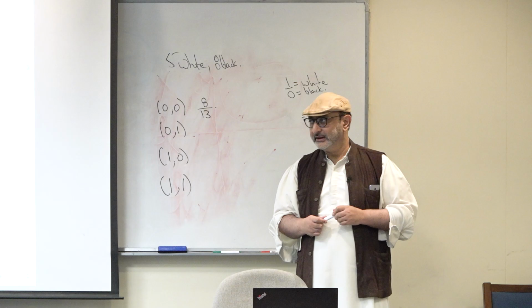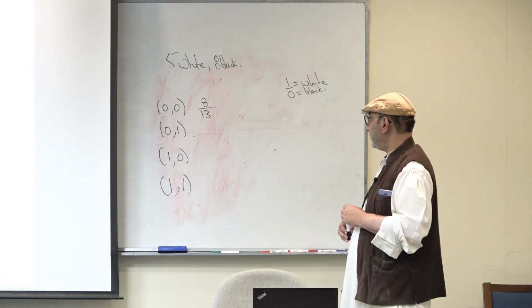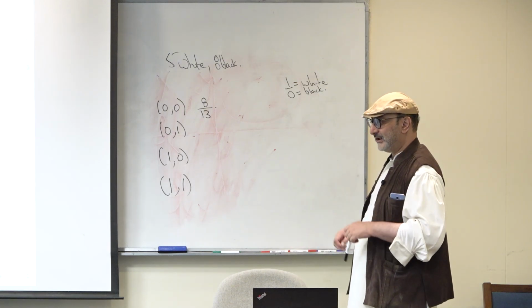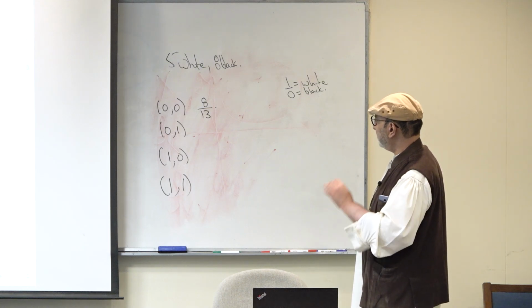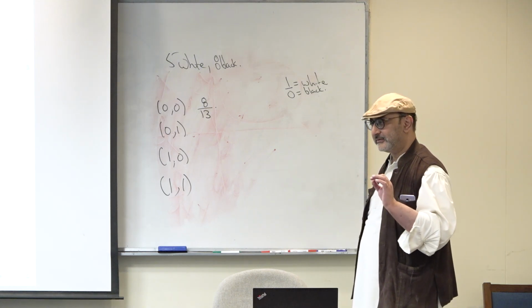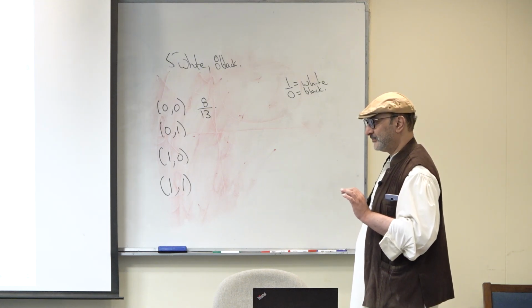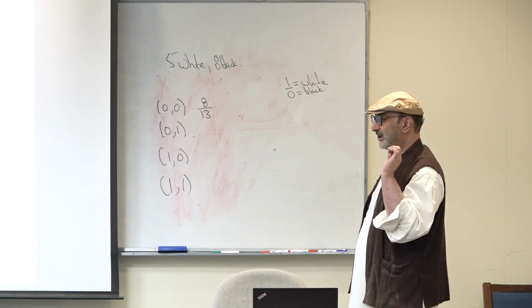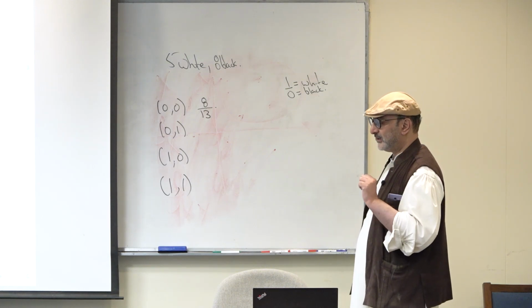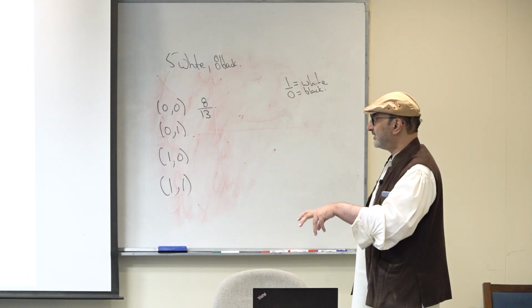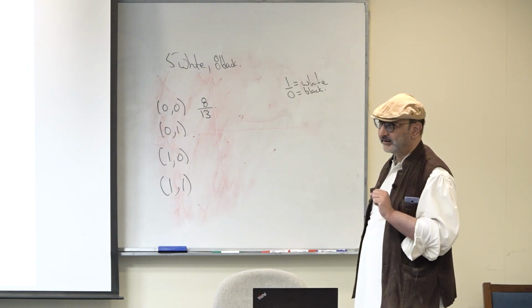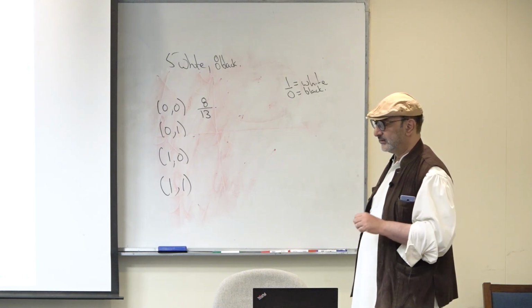Now, if you had a black and a black, the probability of drawing a black the first time was 8 out of 13. Now you've removed one of the black marbles and you have 12 marbles left. So what's the probability of drawing another black? 7 by 12.